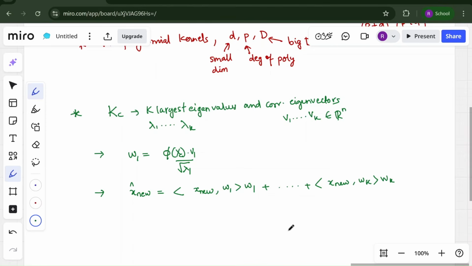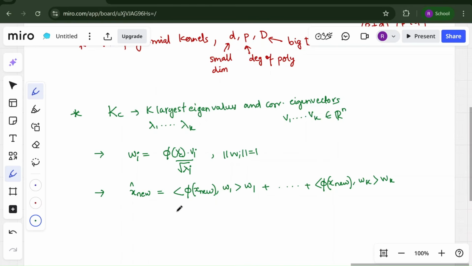But here we are using kernel PCA, so instead of x new we will consider phi of x new. This is the only difference. Observe also that the norm of all the wi's is equal to 1. Let me generalize: wi equals phi xc vi by root lambda i. General formula.